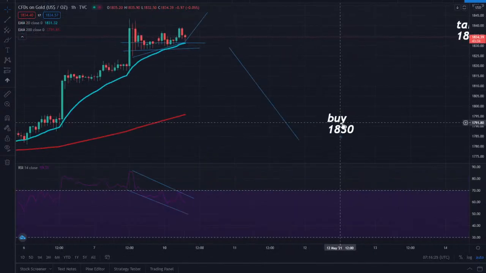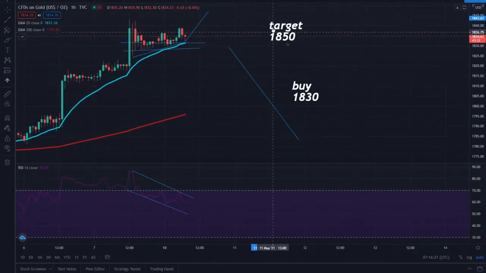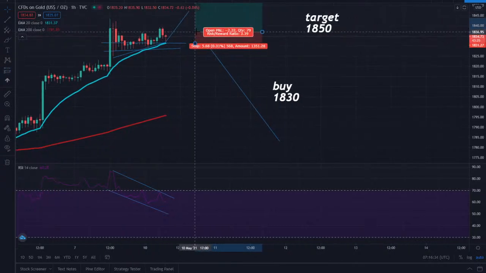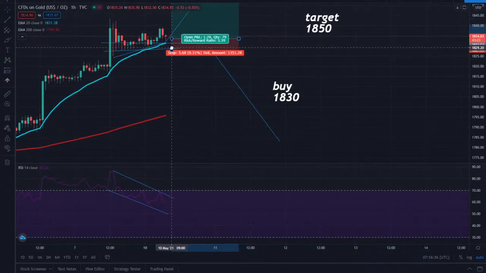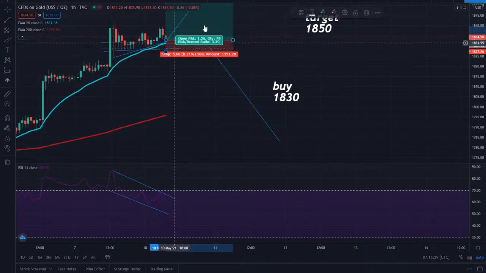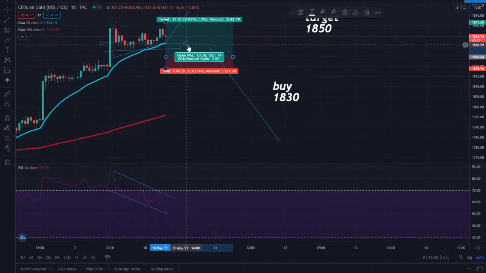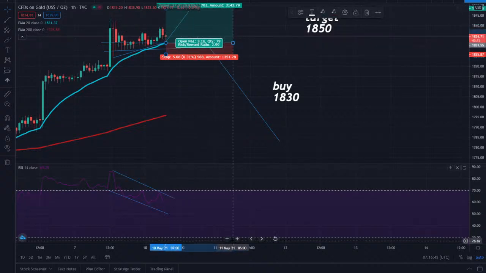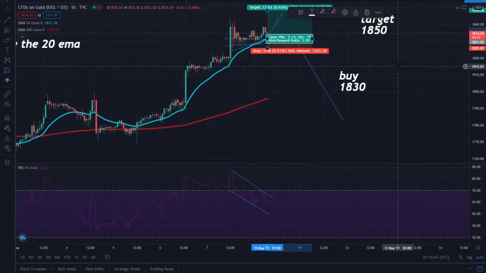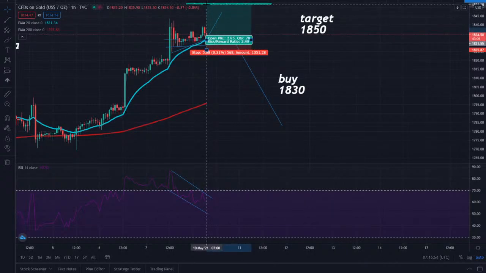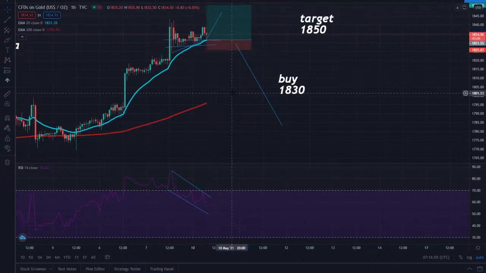Target 1850. Stop loss would be somewhere around here. Target 1850. Something like that.